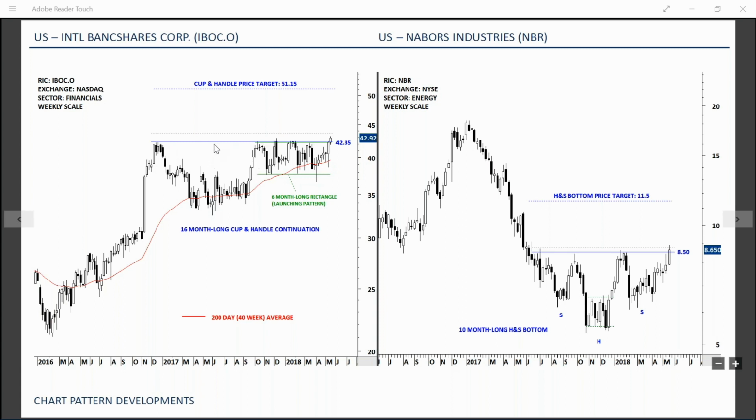You take the boundary, the lowest point, and extend it to the upside in price points to get the cup with handle price target. Head and shoulder, you take the neckline, the lowest point of the head, and extend it to the upside for the chart pattern price target.